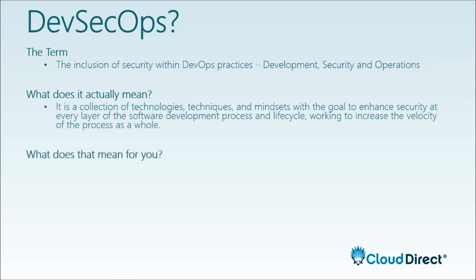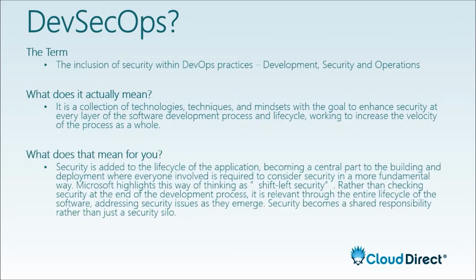And what does this mean? So it means that security is added into the lifecycle of the application. So it becomes a central part to the building and deployment where everyone's involved, from developers through to the operational teams. Everyone has a responsibility around that security.